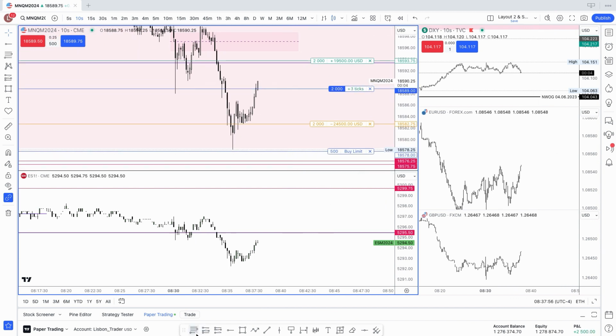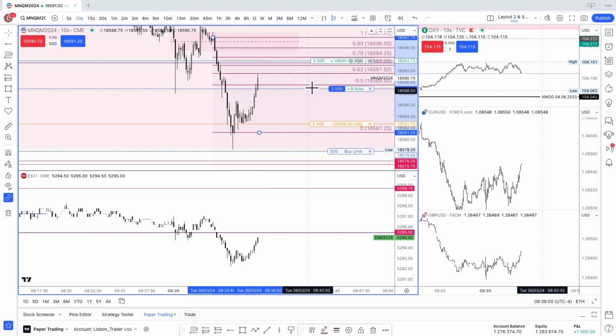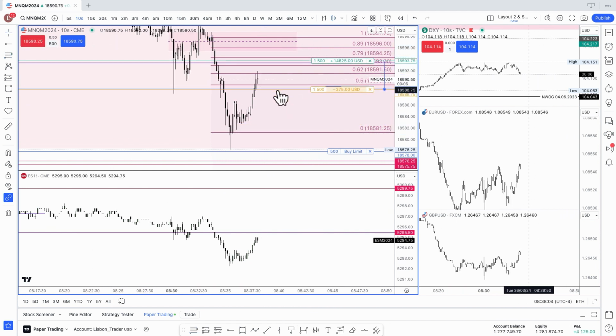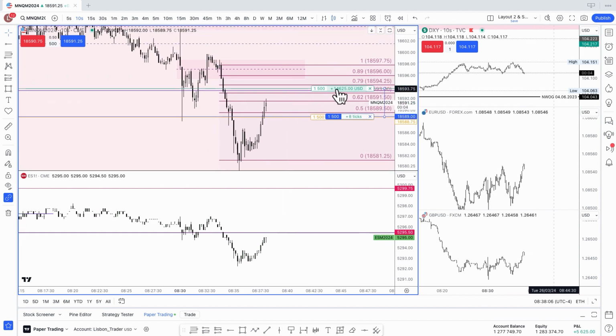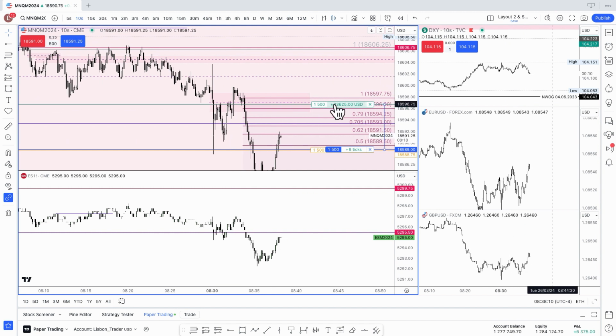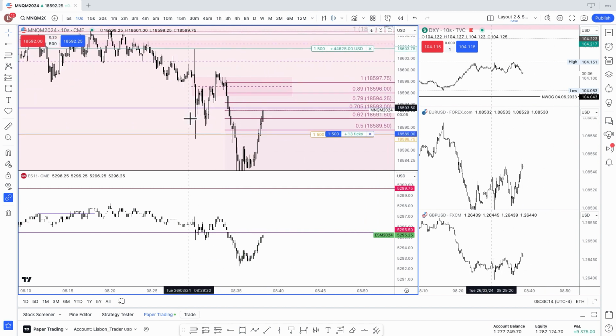Let's see one thing. 62% level. Stop is now at break even. Want to see this buy side taken now. So they took this sell side.